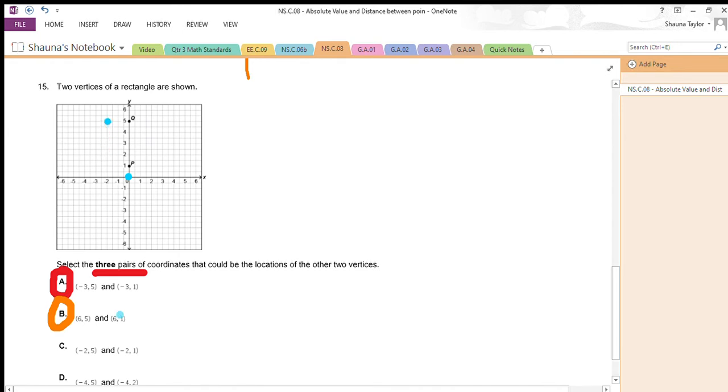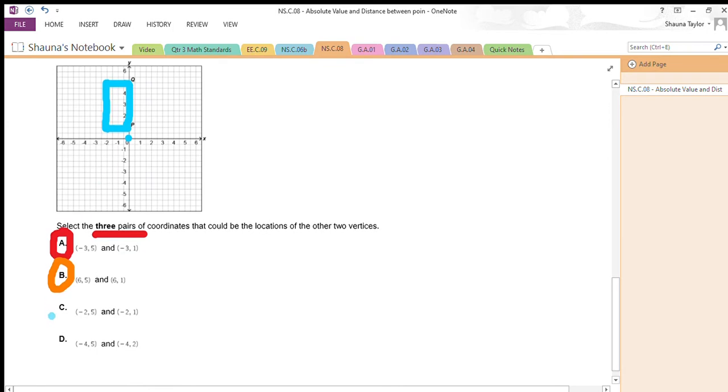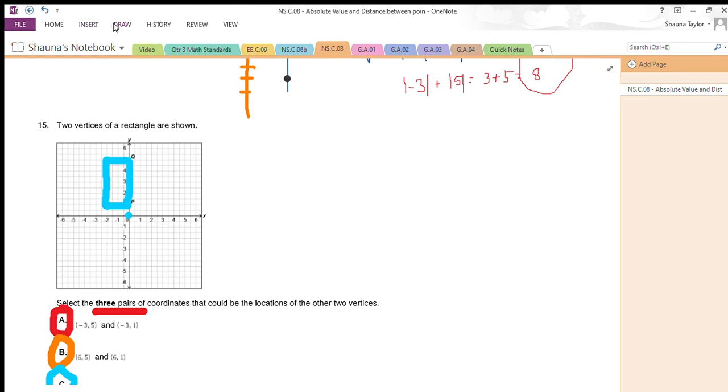So I'm going to put my dot there. And the second one says -2 and 1. So I go -2 and 1. So if I take a look at that and I connect to my lines, there's a rectangle. That works. So those are 3 choices. Okay, let's look at D and see why that was not a choice.